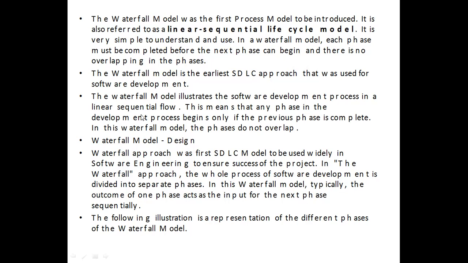The waterfall model illustrates the software development process in a linear sequential flow. This means that any phase in the development process begins only if the previous phase is complete. Means after the completion of the first step, the second phase will begin. In this waterfall model, the phases do not overlap.